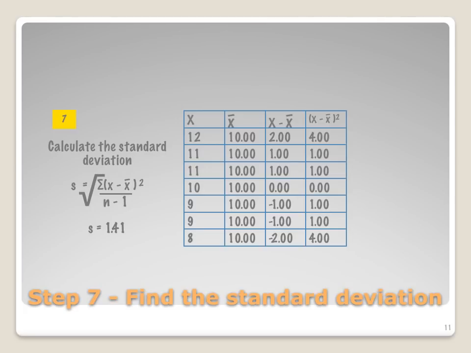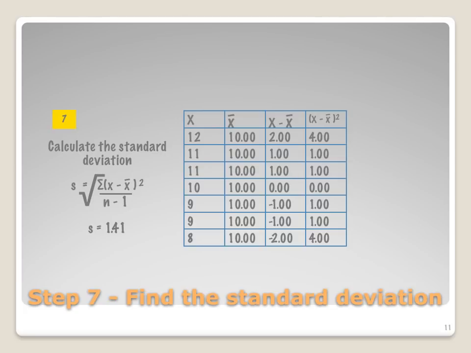And ultimately, in step 7, what you're going to do is reverse the squaring that you did to get rid of those negative signs. So we're going to now calculate the standard deviation from the variance by just taking the square root of the variance. Because the variance is s squared, the standard deviation symbolic notation is s.